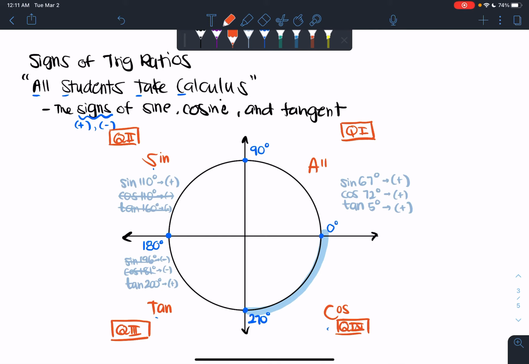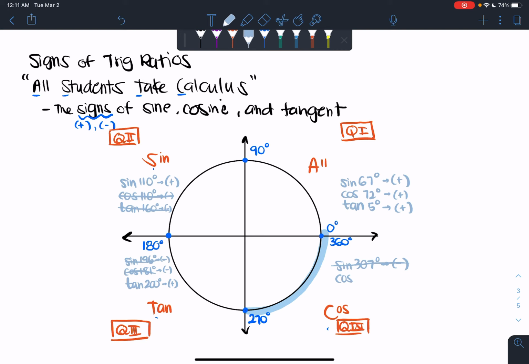So if we took sine of 307, we know that this will be negative, so that's canceled. But if we take the cosine of anywhere from 270 up to 360 degrees, we will end up with a positive value.